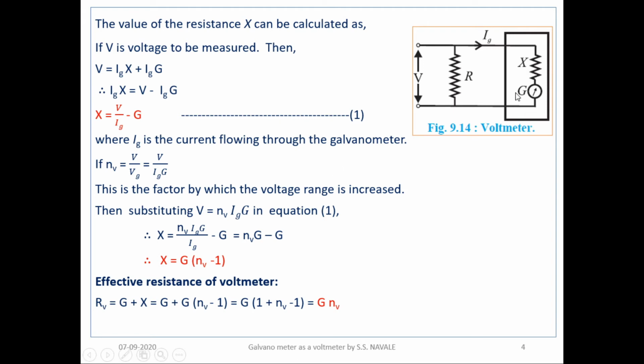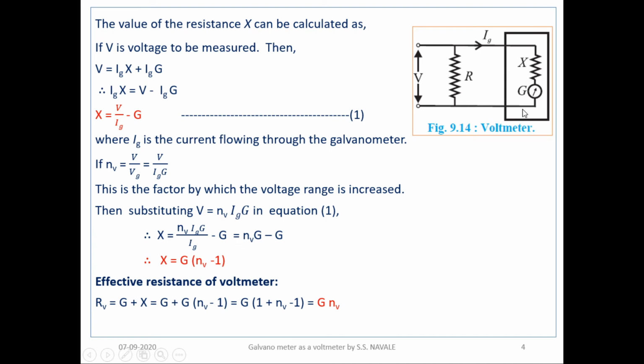So the potential difference across the galvanometer is Ig into G. From this equation we can write V equals Nv into Ig into G. Put this in equation number 1. We get X equals Nv into Ig into G divided by Ig, minus G. Ig gets cancelled and we get Nv G minus G. If we take G common, we get X equals G into (Nv minus 1).